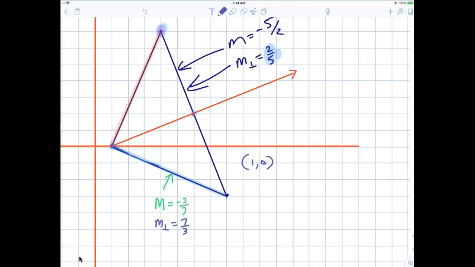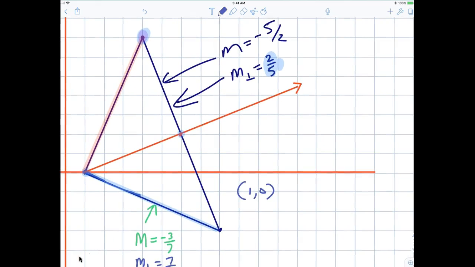The orthocenter is what exactly? It's where the three altitudes intersect. And the altitudes are perpendicular to the opposite side. So from this vertex, I have to draw the altitude to this line.